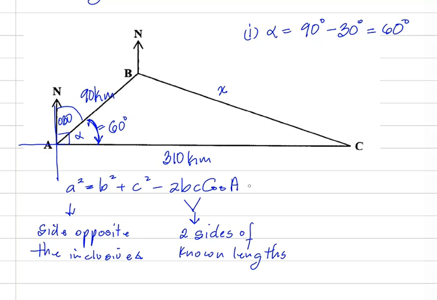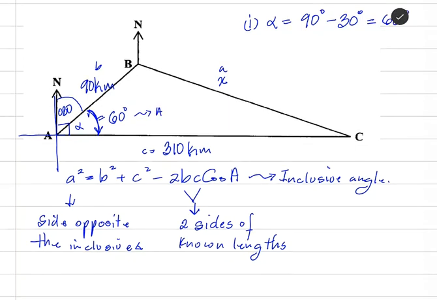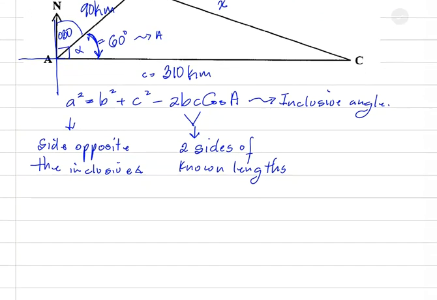And big A here in the formula is the inclusive angle. So based on what I just said, this would be little a, this would be B, this would be C, and this would be big A. All right, so let's put in our information.